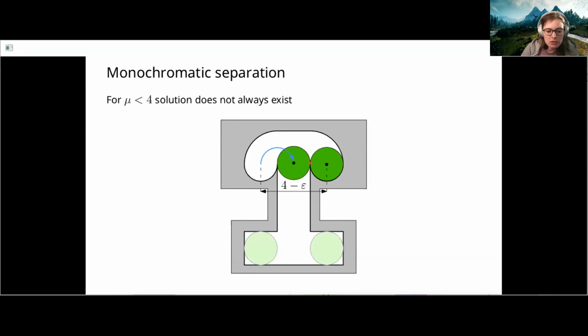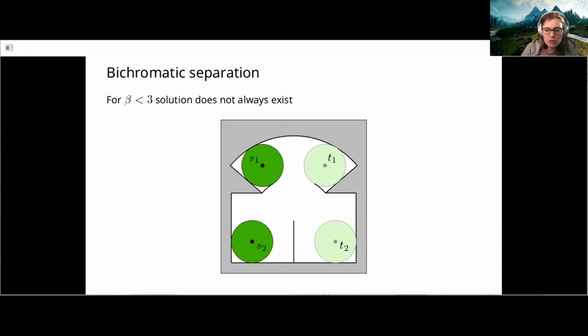And there is another construction that, again, some of you may recognize, where we cannot always find a solution for bichromatic separation less than 3. So this is the separation between start and target nodes. Here the construction is the following.